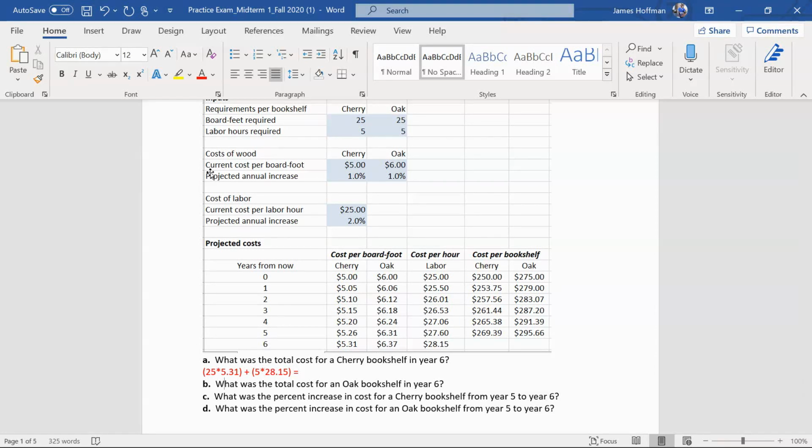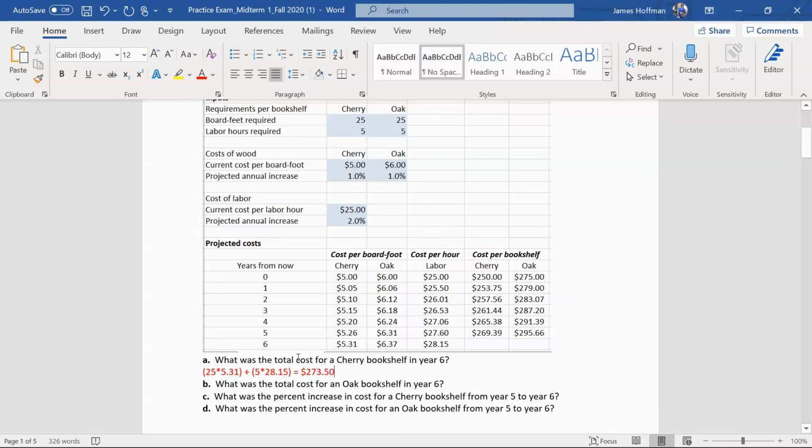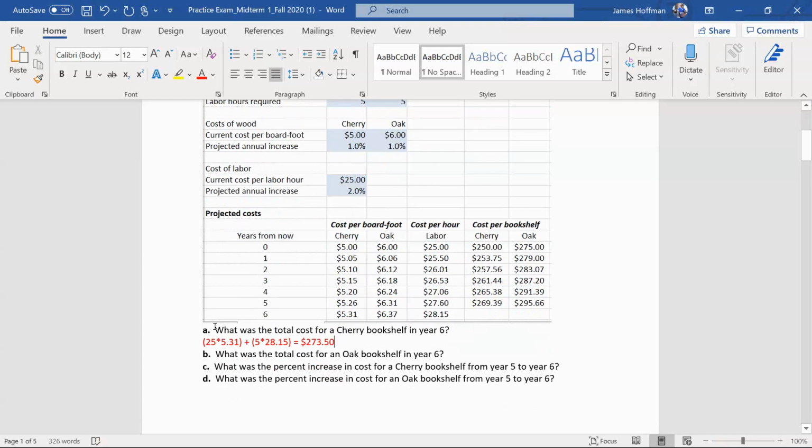If you put this in your calculator, it looks like about $273.50. That seems right, yeah.